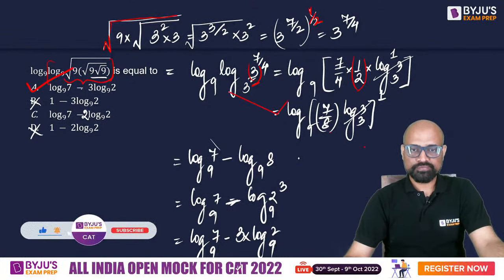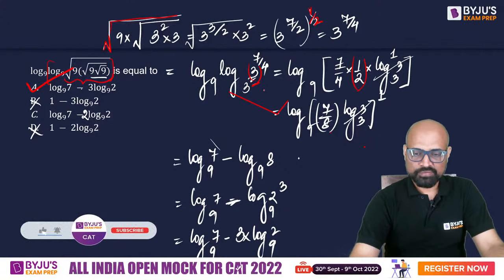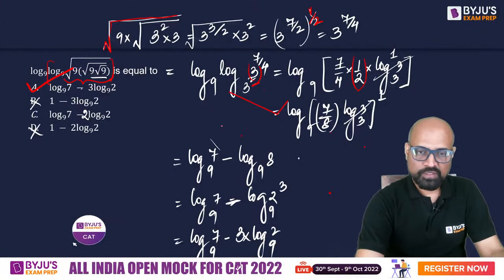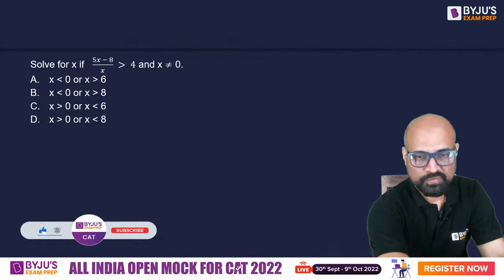Next question. Inequality question. Solve for x if 5x minus 8 upon x is greater than 4 and x is not equal to 0.